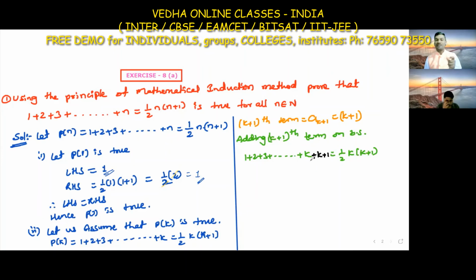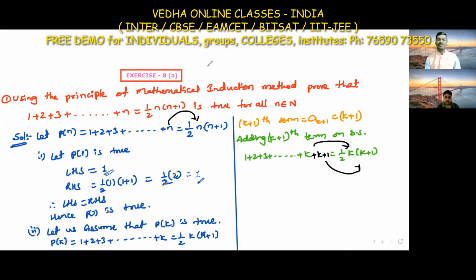If we add one more term k plus 1, then up to 2 we have to get 2 in the RHS. If we take 3, we get the answer 3 in the RHS. If we take 4, 4 in the RHS. If we take k, k in the RHS. If we take n, n in the RHS. If we take up to k plus 1, we want the k plus 1 answer in the RHS.